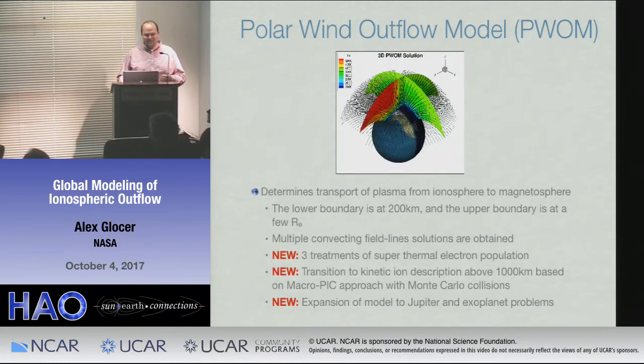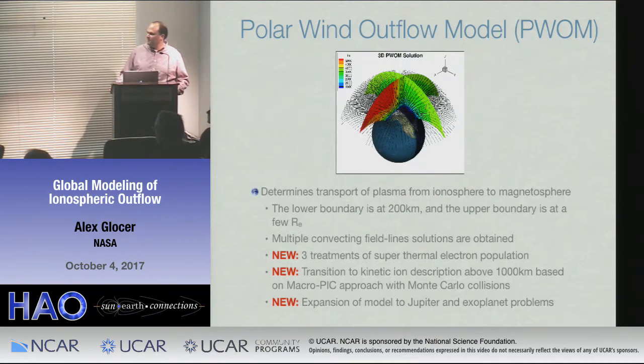I want to focus this talk really on what's new. I don't want to spend a lot of time talking about things I've talked about in the past, so I want to focus on the new features of PWOM. One is that I've included new treatments of the superthermal electron population: the photoelectrons, auroral precipitation, and secondary electrons. I've expanded the model to go to a kinetic ion description using MC-PIC, sometimes called a MAC-PIC approach.